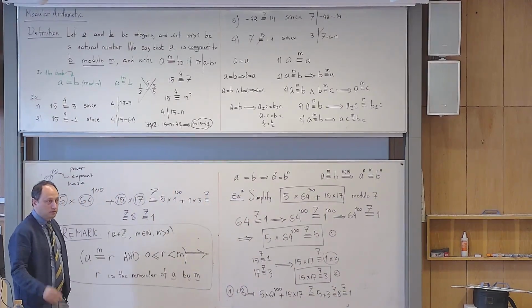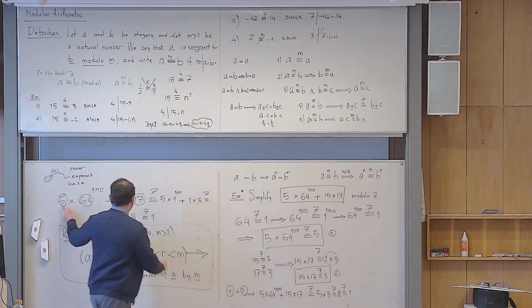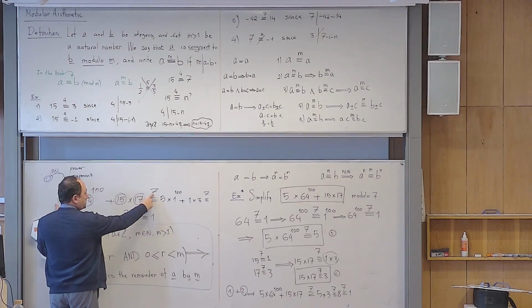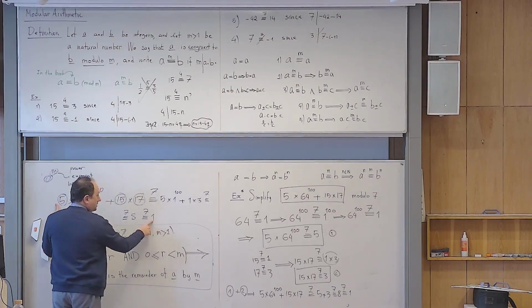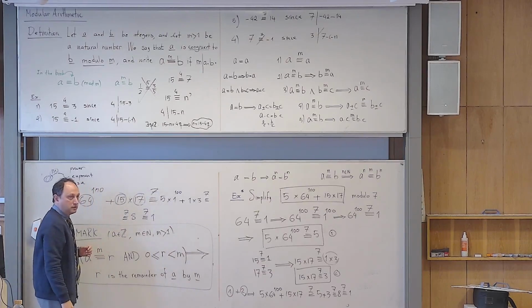It's 1. Why? Because we simplify that number, and I realize this number is 1 when I work modulo 7. On the other hand, this number 1 is less than my modulus, and it is non-negative. So this number is the remainder of division of this number by 7.